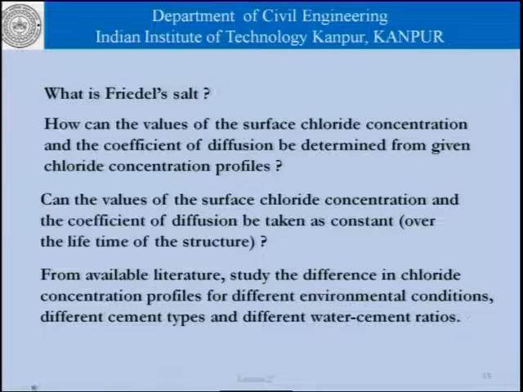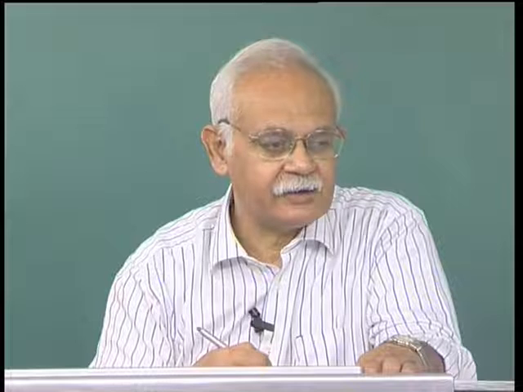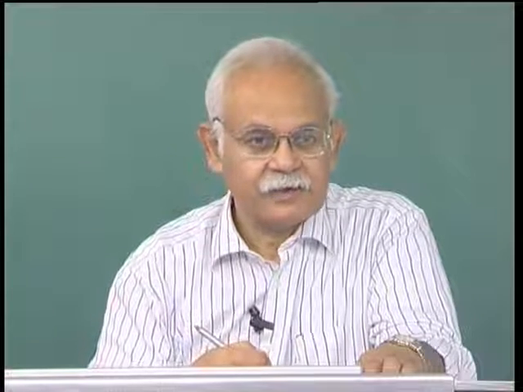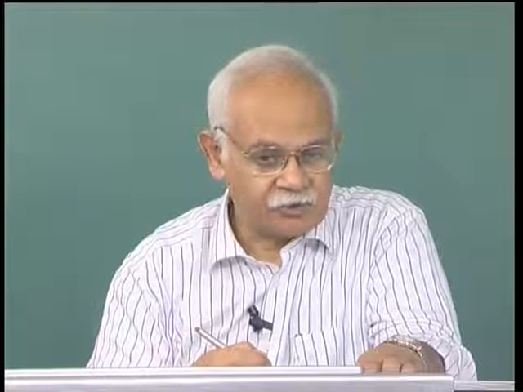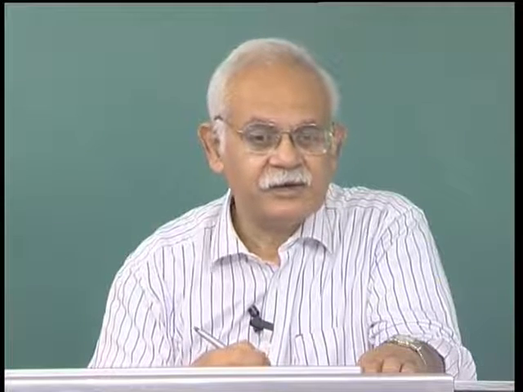From available literature, try to study the difference in the chloride concentration profiles for different environmental conditions, different cement types, and different water cement ratios, and you will get the kind of results that I showed you in one of the pictures. They will give you information about chloride concentration profiles from different kinds of environments.